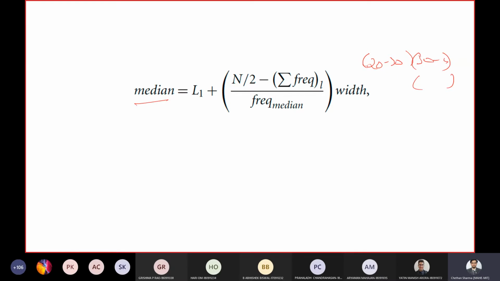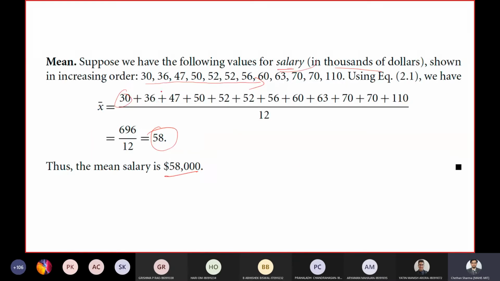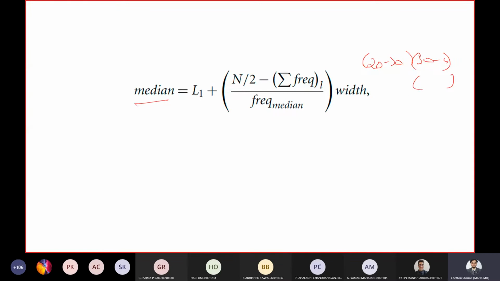But if the data is normal or very straightforward, the same data if you consider, it's not in terms of ranges. It's like some specific values. So again, suppose there is a given data set which contains n values for an attribute x.